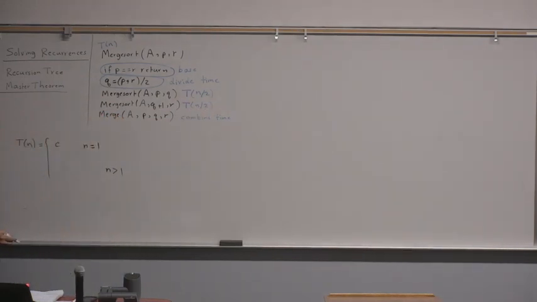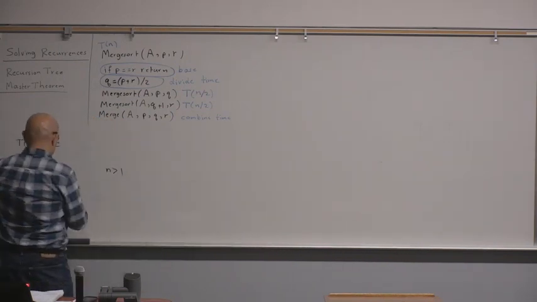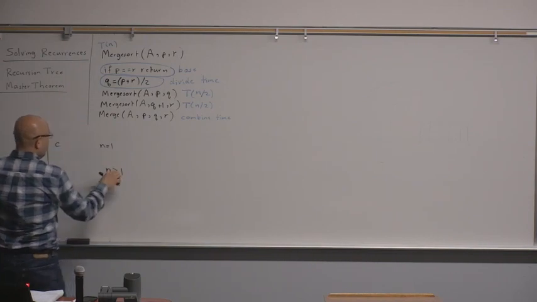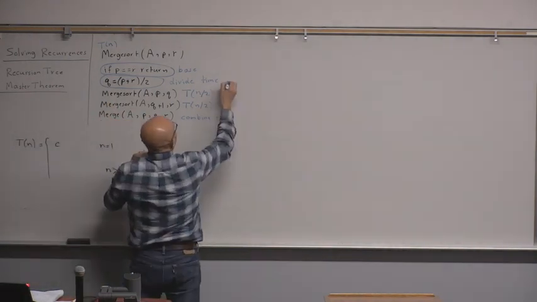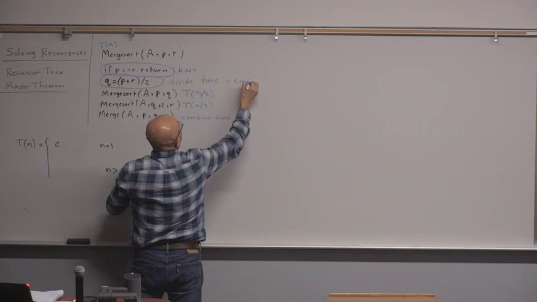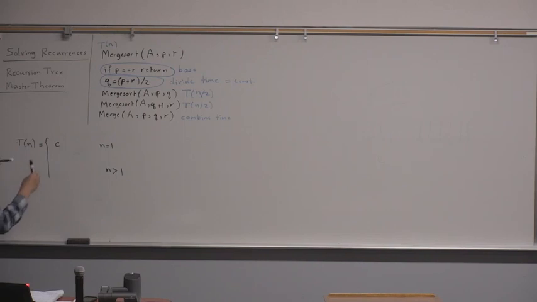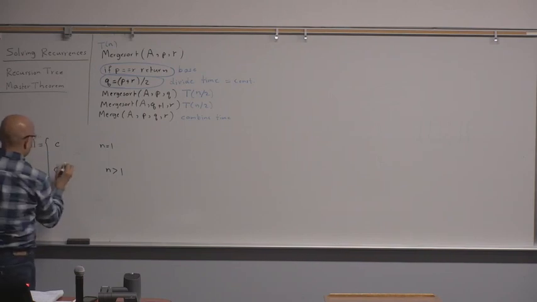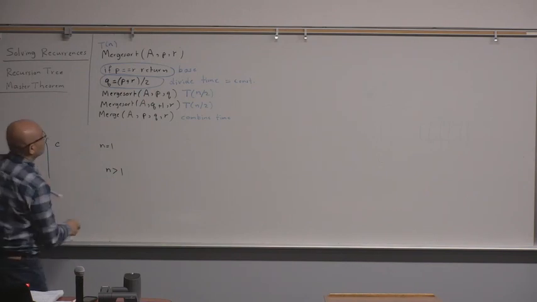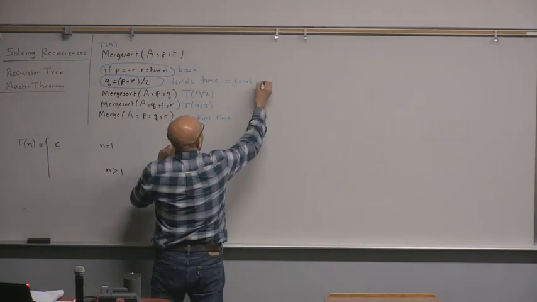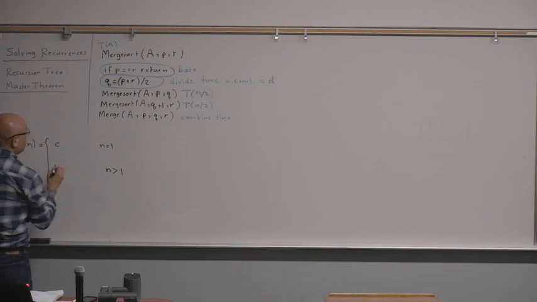So now the formula is, if n equals 1, we have a constant. If n is greater than 1, we have the divide time, which is a constant. Let's call it D. The divide time, D, plus the combine time.